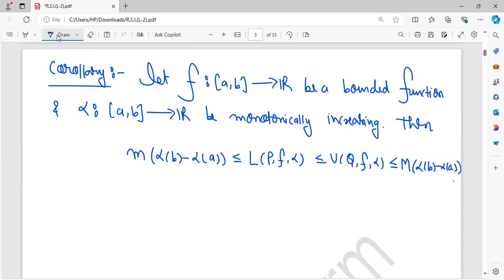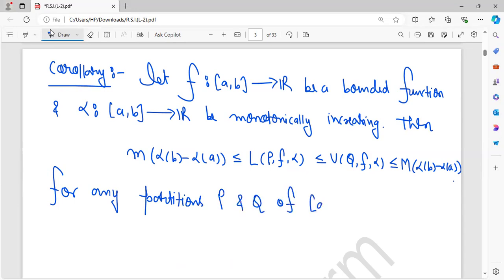Okay. This happens. How? Let's prove it. We already proved that this happens for any partition P and Q of the closed interval.